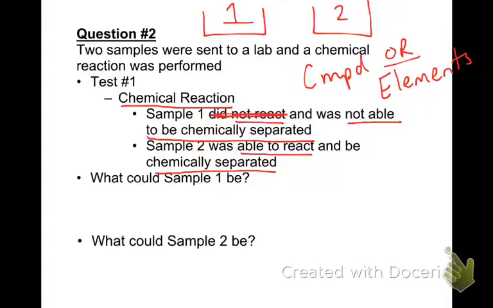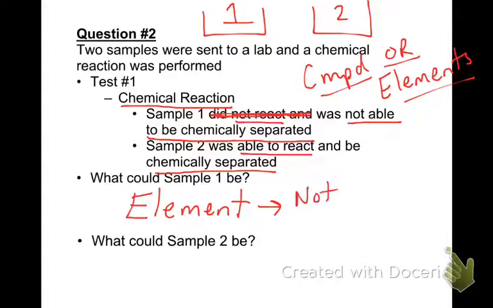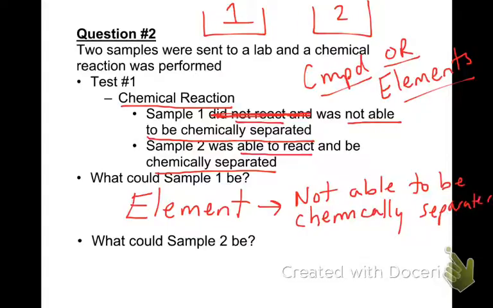It has nothing to do with us classifying this. But sample 1 was not able to be chemically separated. So which one of these is not able to be chemically separated? Well, that would be our element. Remember, it's the simplest form of matter. So it's not able to be chemically separated. Bam.